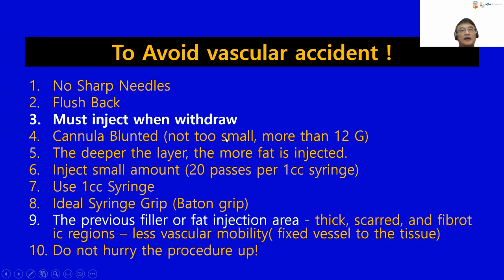However, after the first and second sessions, the fat or filler accumulates around the vessel, and the vessel becomes fixed and less movable. So if you inject more volume, the incidence of penetration of the vessel by the cannula during fat injection increases, becoming high even when you use a blunt cannula.